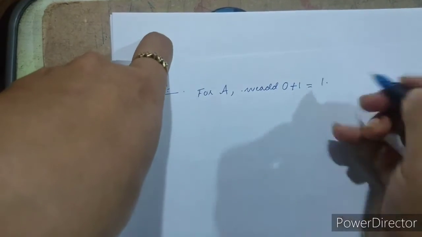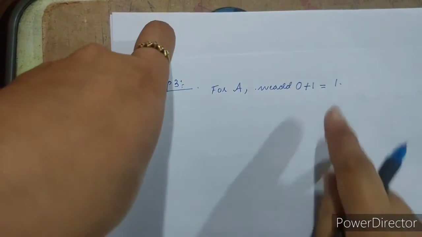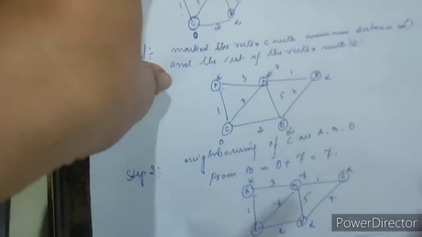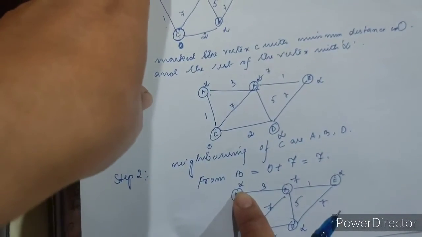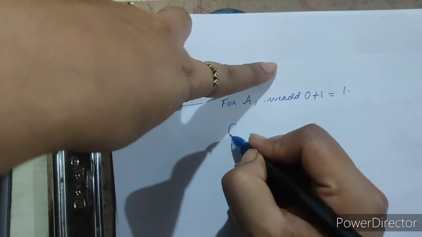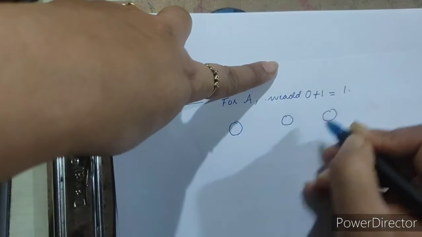So we get 1 again. And 1 is compared with the minimum distance of A. What is the minimum distance of A? Till now it is infinity, and 1 is less, so mark the lowest value. So now A will get like this.